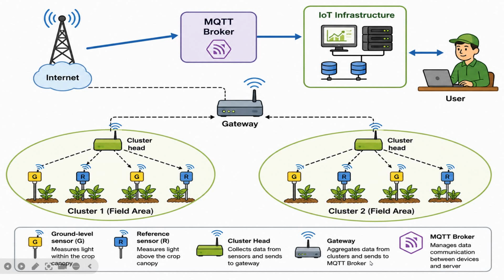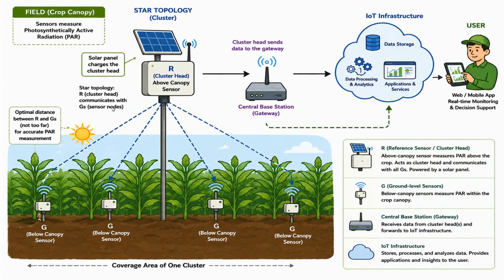Then the gateway aggregates data from clusters and sends it to the MQTT broker. Then the MQTT broker manages the data communication between devices and the server. So this overall architecture provides an efficient, scalable and real-time solution for smart agricultural monitoring and the LAI assessment.